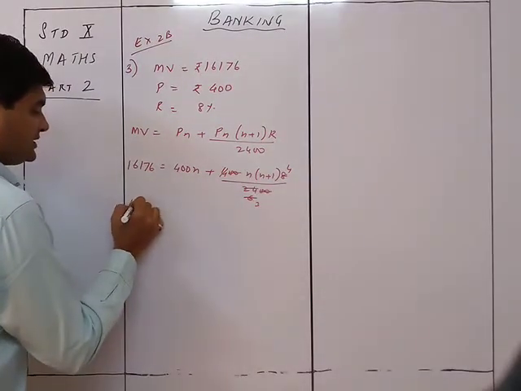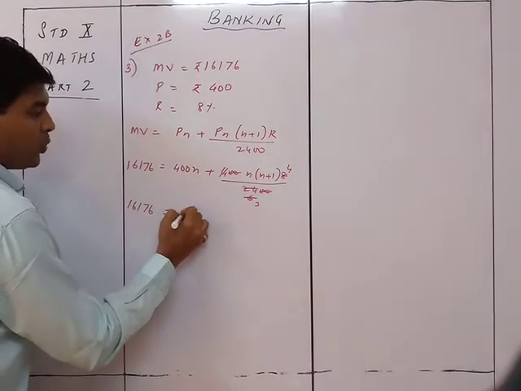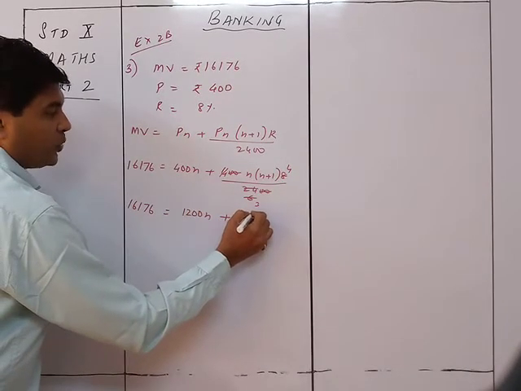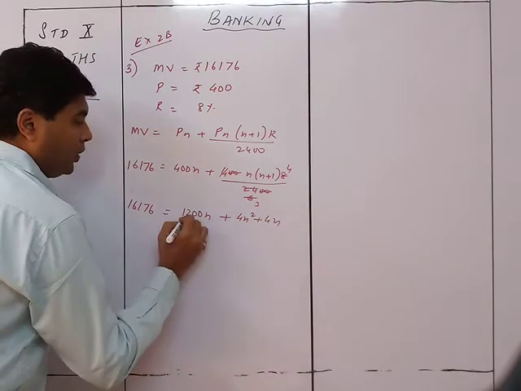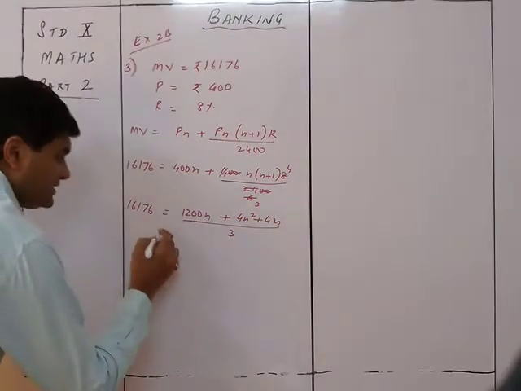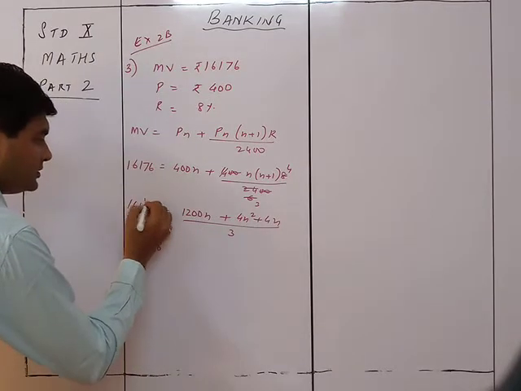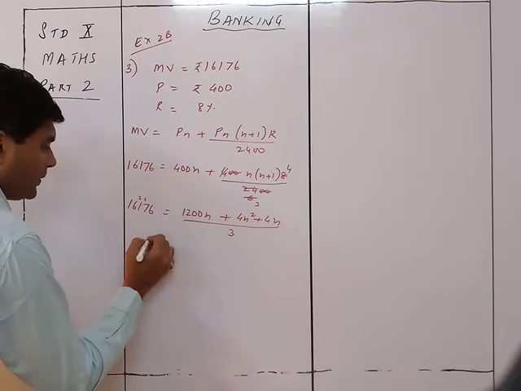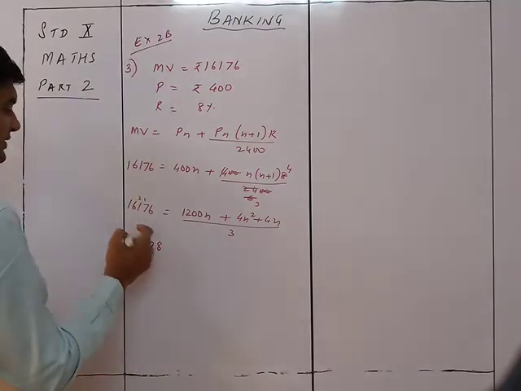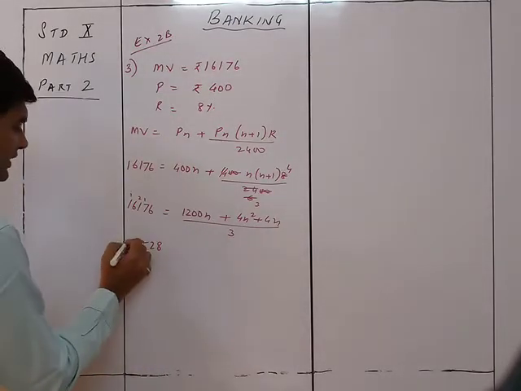So this will be 16176 is equal to 1200N plus (4N square plus 4N) whole upon 3. This goes here. So 6 3s are 18, 6 21, 20, 21, 22, and 3 1 are 3, 4, 5. 6 3s are 18, and 3 1 are 3 and 4.